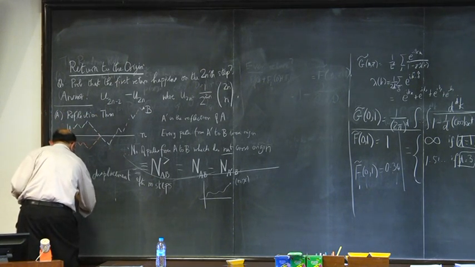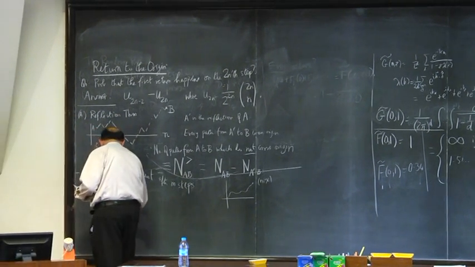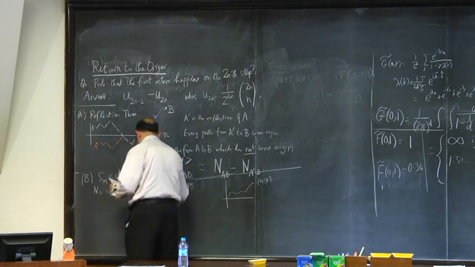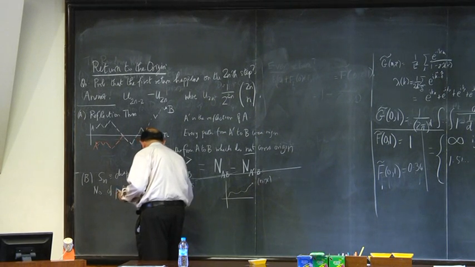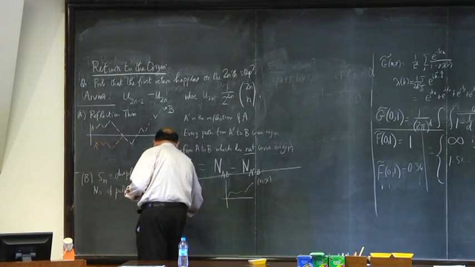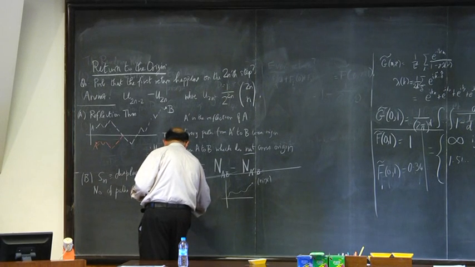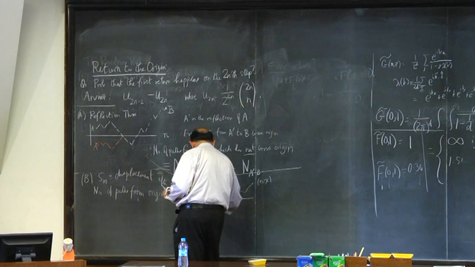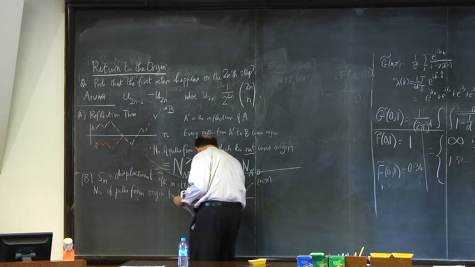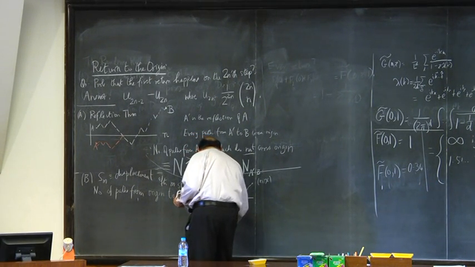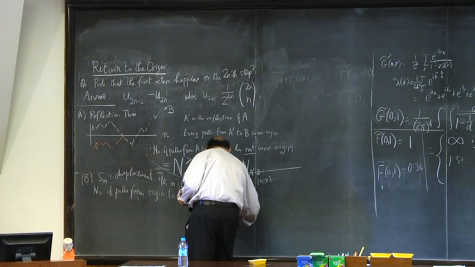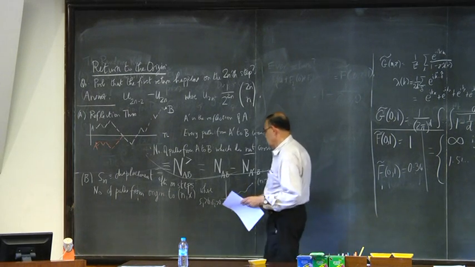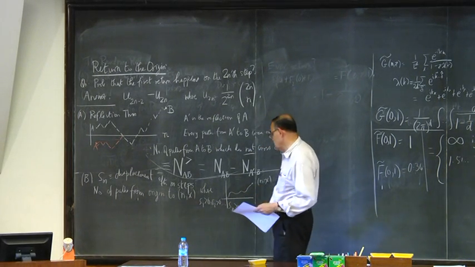Number of paths from origin to nx where S1 is positive, S2 is positive, up to Sn is positive, all are positive, they are all on the same side. That is what we want.